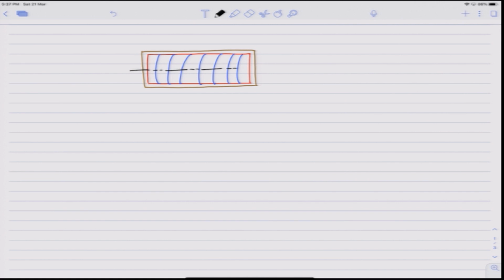So, if we take a cross section, it would look something like this. So, we could see the molybdenum wire cross sections at the initial contact plane.